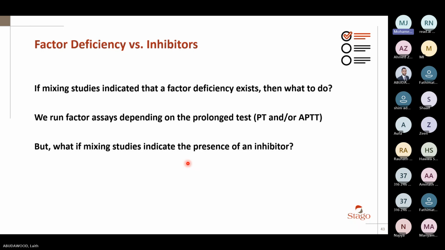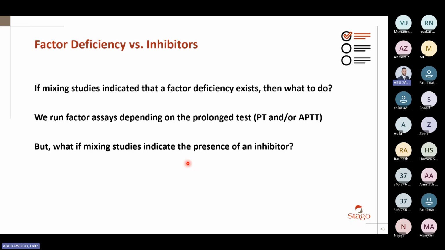It will be prolonged. Why is that? Because if there's an inhibitor, it won't be corrected, right? Yes, exactly. It's the same situation as with the mixing study. If you have an inhibitor and you run a coagulation factor assay, the inhibitor will still inhibit your coagulation factors.